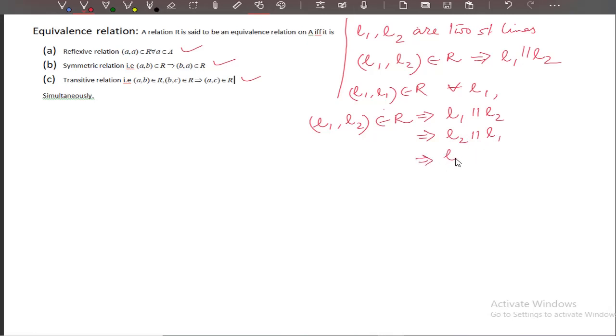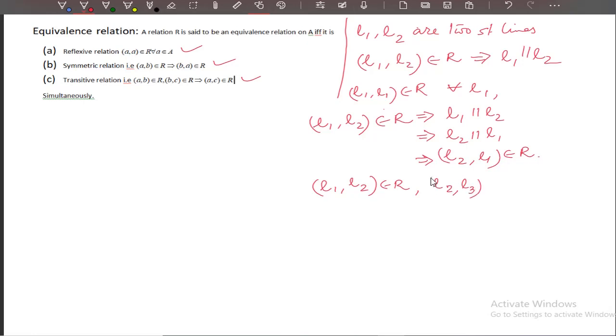That means L2 and L1 are related. Now take L1, L2 are related.